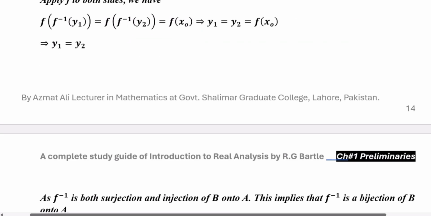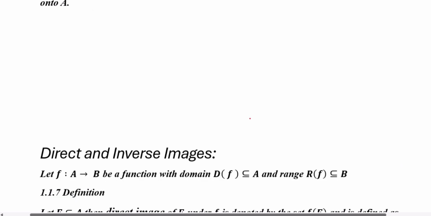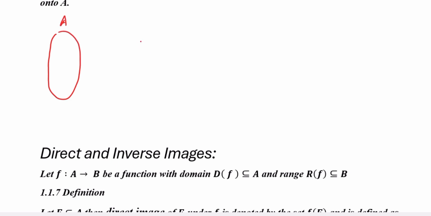We can see here diagrammatically, this problem says, suppose this is my set A and this is my set B. There is a mapping f from A to B, that is a bijective mapping.